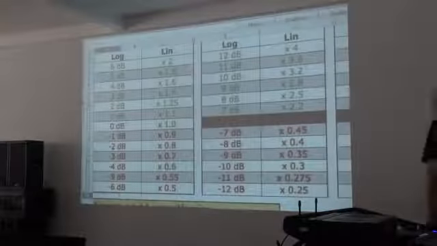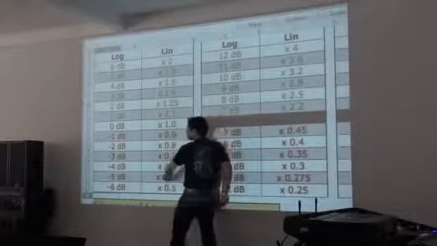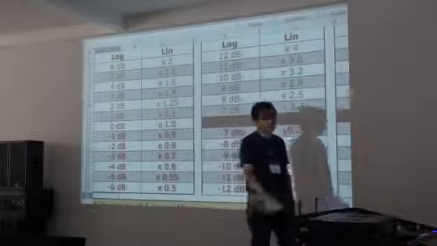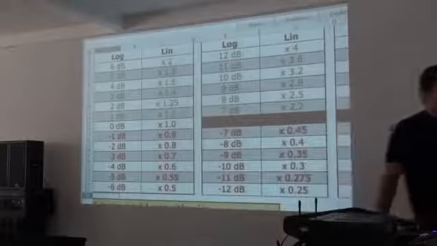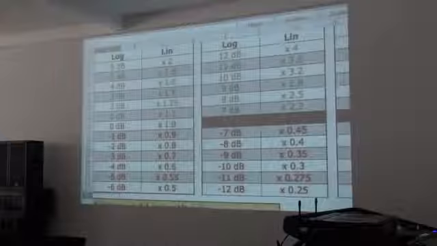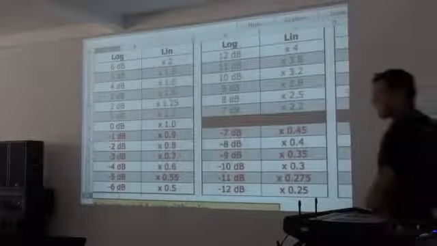But we also have values for attenuation in decibels. Minus 1 decibel is 0.9. Minus 2 decibels is 0.8.